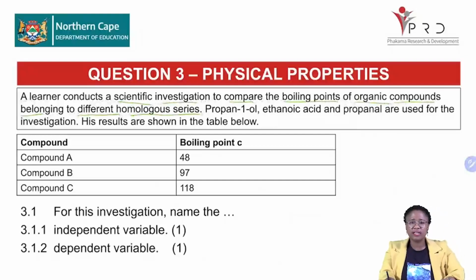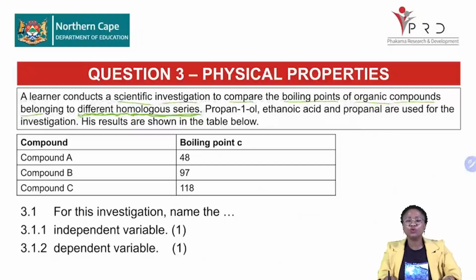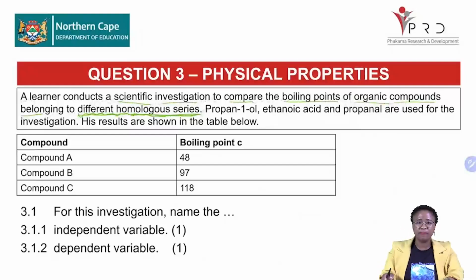So already in your mind, you should be thinking: am I dealing with scenario 1 where I have the same homologous series, or scenario 2 where I have different homologous series? As you can see, our homologous series is different. So already you should know what your independent variable and dependent variable are.